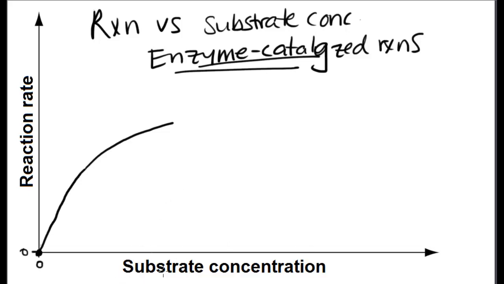There's so much substrate that as soon as an enzyme finishes up with one substrate, it's going to immediately encounter another substrate. And so even if you add more substrate, there aren't any free enzymes to make the reaction proceed any faster. And so we're going to level out.